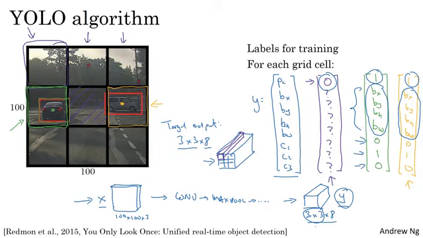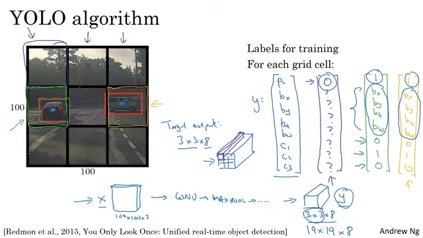In practice, I've used a relatively small 3 by 3 grid. In practice, you might use a much finer grid, maybe 19 by 19, so you end up with 19 by 19 by 8. And that also makes your grid much finer and reduces the chance that there are multiple objects assigned to the same grid cell. And just as a reminder, the way you assign an object to a grid cell is you look at the midpoint of an object, and then you assign that object to whichever one grid cell contains the midpoint of the object.